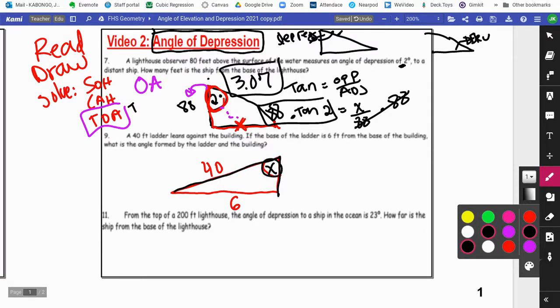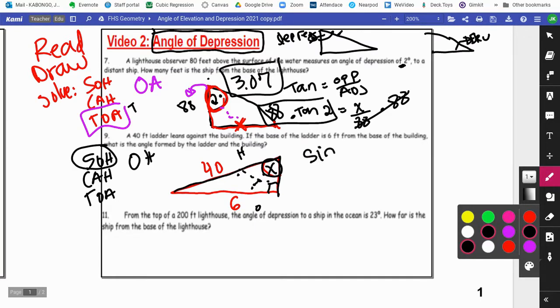All right, so let's go ahead and put all of the information in here. So remember, you're dealing with SOH CAH TOA. I have the opposite, the O is given. Then I have the H, the hypotenuse, opposite from the right angle. In that case, you're dealing with sine.